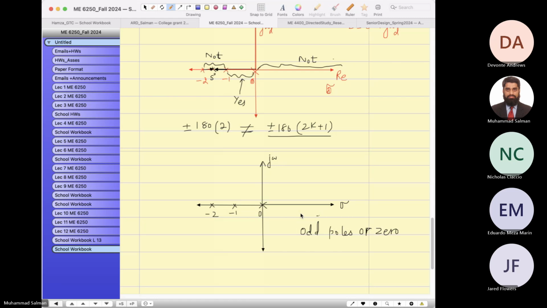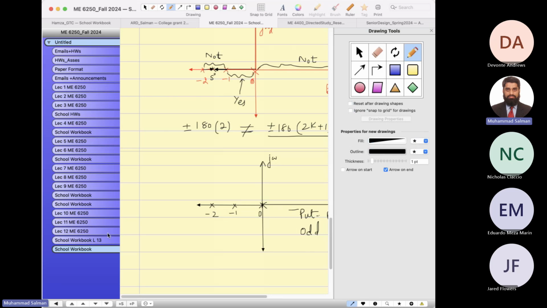Put the pen down. So if I drag the pen here, it's not all. As soon as I hit the first pole or zero, I'll put the pen down. So let me show you with a different color.